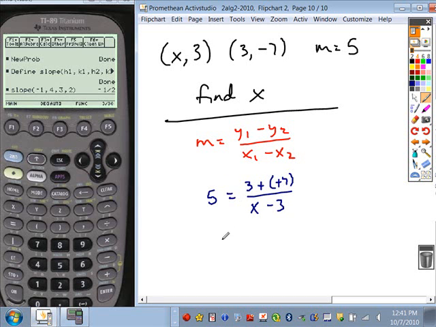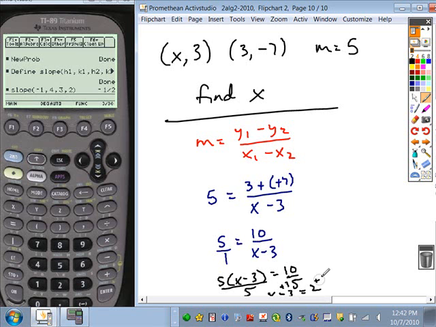So really what we're looking at is 5 equals 10 over x minus 3. To solve this, we would want to cross multiply. So here you would get 5 times x minus 3 is equal to 10 times 1. Divide by 5. X minus 3 is equal to 2. Add 3 to both sides. And we get x is equal to 5.